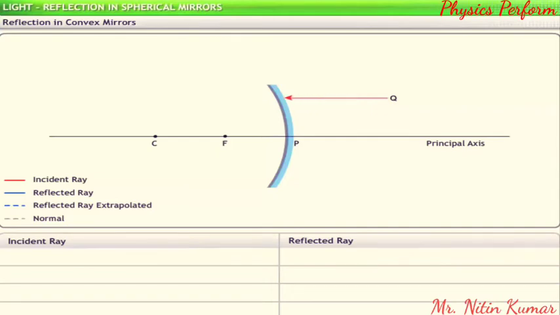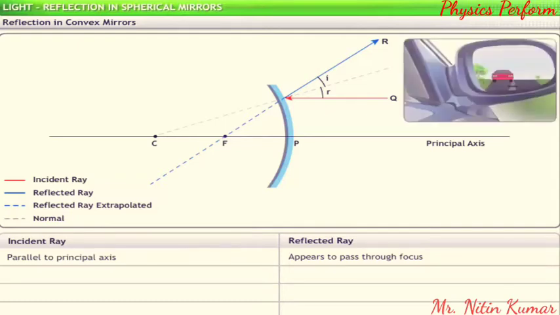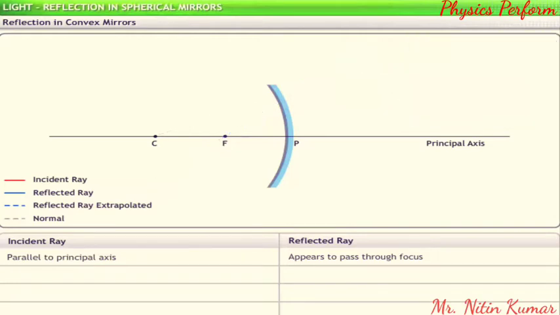In the first case, incident rays are parallel to the principal axis. In this situation, the reflected rays appear to pass through the focus. In a rear-view mirror, incident rays parallel to the principal axis enable the driver to see the car traveling exactly behind this car.